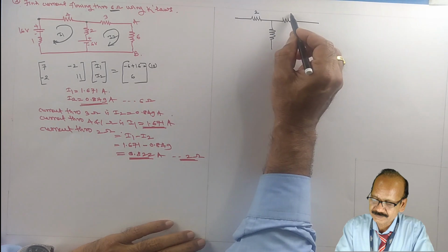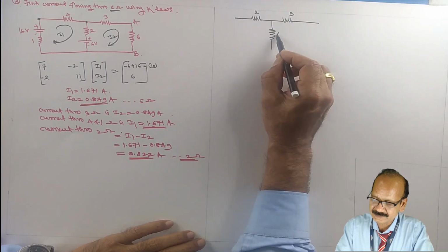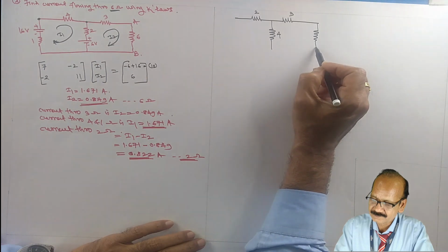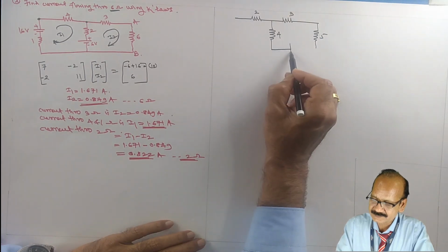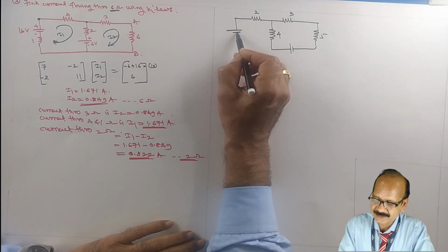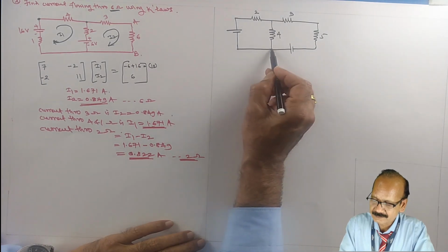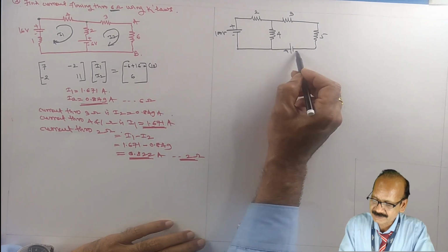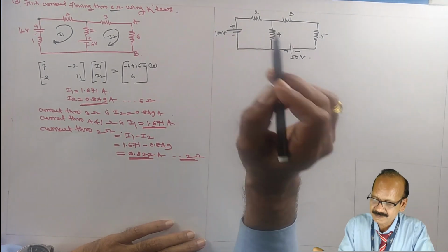So this is 2, this is 3, say this is 4, say this is 5, so this is battery here, and here it is one more battery. Say here it is 100 volt, say here it is 50 volt.